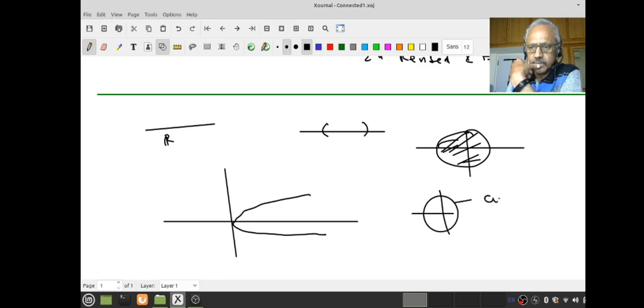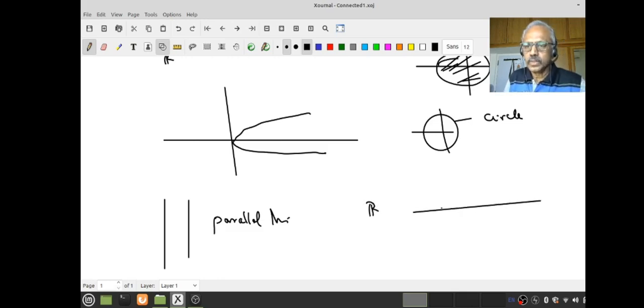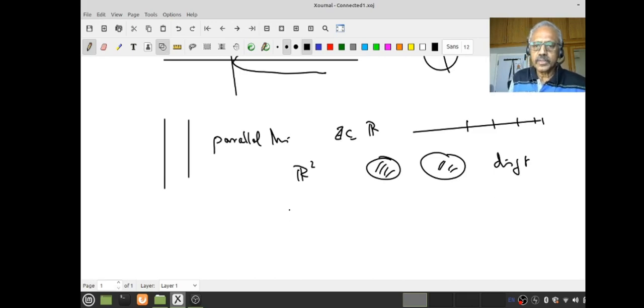Look at all these things, and compare this with the following: in R2 I have two parallel lines, or in R I have only the integers as a subset, or in R2 two disjoint open sets, or the so-called rectangular hyperbola.